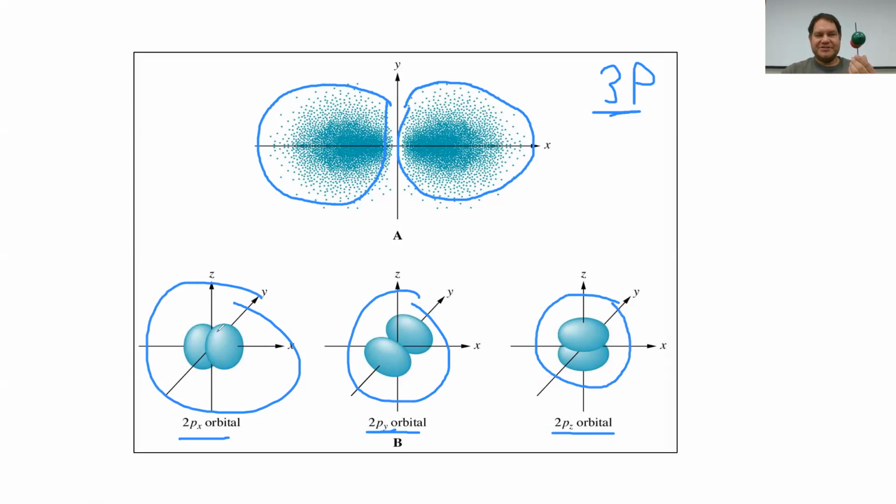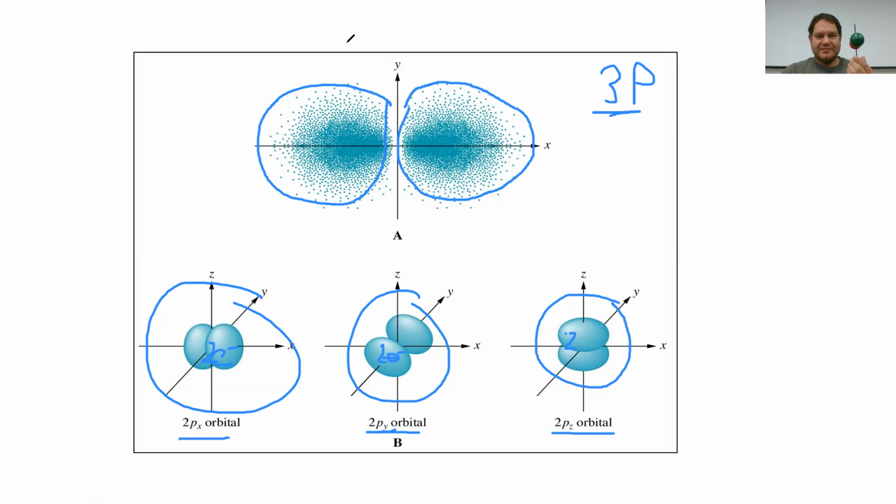They are individual. Now, each orbital, each one of these can have a maximum of 2 electrons in each one. So you can have 2 electrons in a px, 2 electrons in a py, and 2 electrons in the pz.